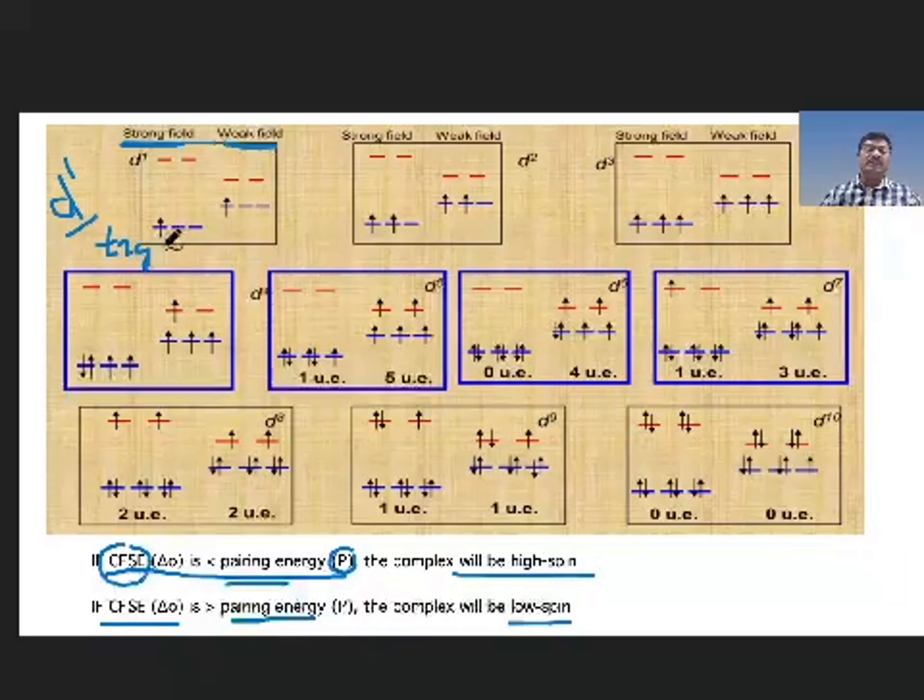In both cases, the electron goes to t2g only. Let us come to the d2 electronic configuration. In this case, two electrons are there. One electron goes to one t2g orbital and another electron goes to another t2g orbital. In the weak field also, it is the same: one electron goes to t2g, another goes to another t2g.